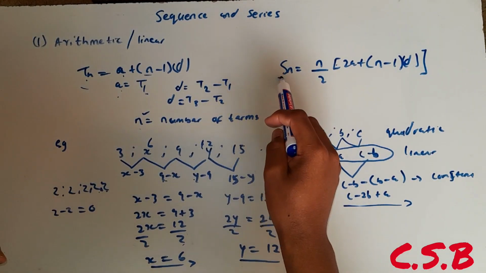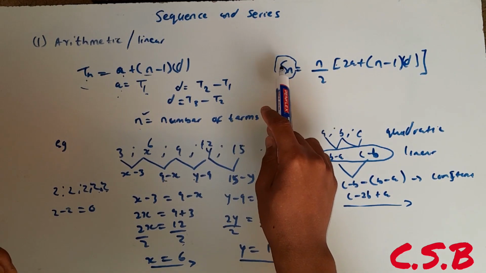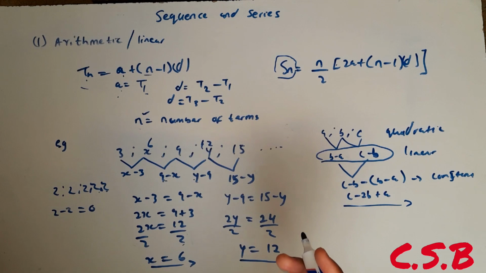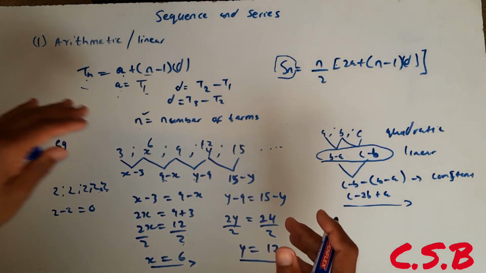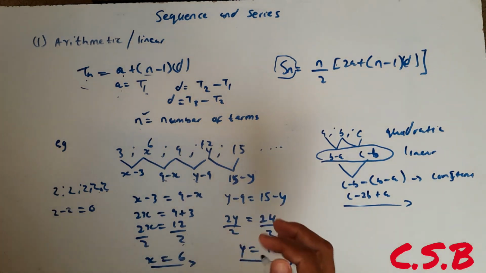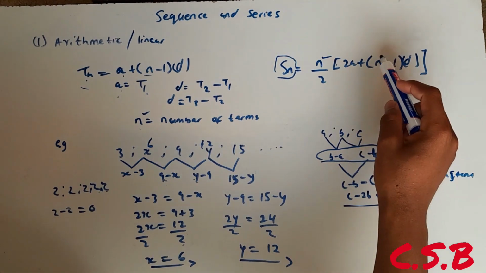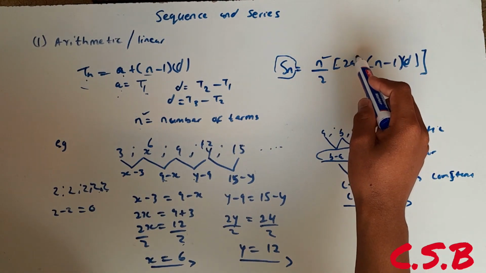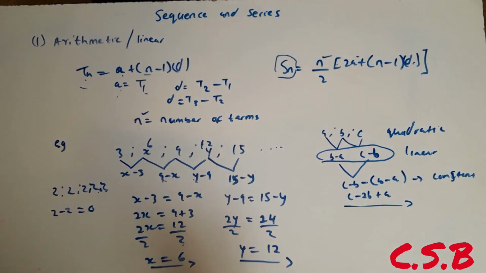Sn represents the sum of the number of terms. It could be the sum of 10 numbers, whatever, the sum of the number of terms in a sequence. It could be S2, it could be S10, whatever, but this is the number of terms. Then also the number of terms here. Then this is your a, which is your first term. Then d is the difference between the terms.